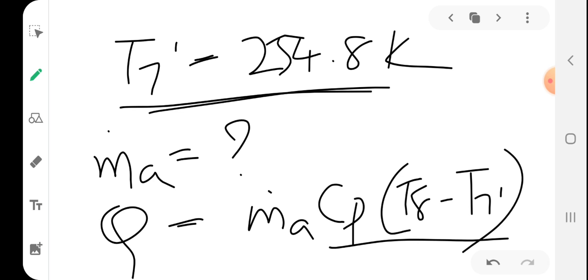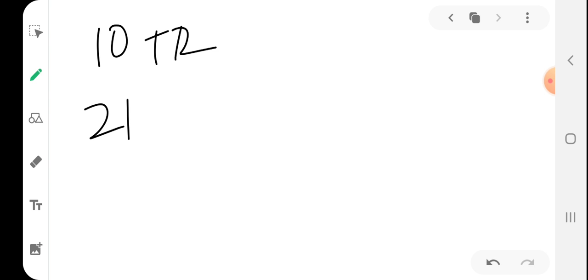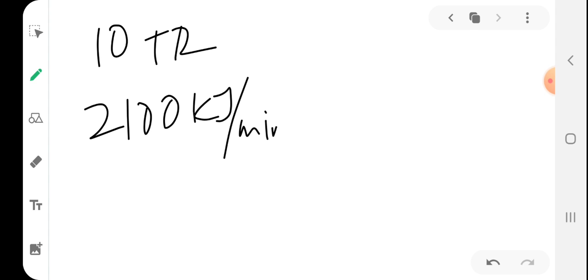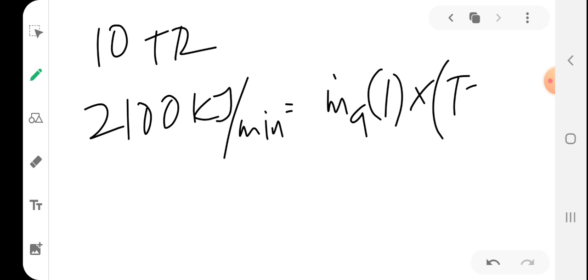This Cp into (T8 minus T7 dash) is for 1 kilogram of flow, so if you multiply it with m dot a, you will get the total refrigeration. Total refrigeration is 10 TR. 10 TR is 2100 kilojoule per minute, equal to m dot a into Cp, which is 1 kilojoule per kilogram, into (T8 minus T7 dash).